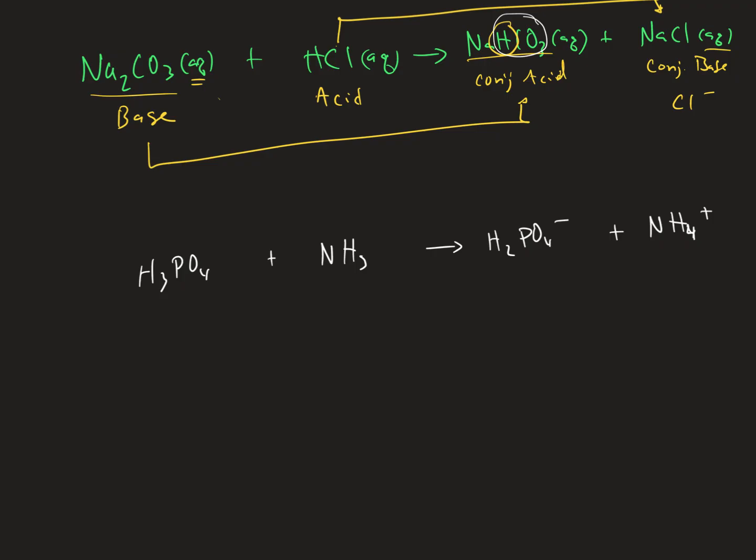So here, out of these two, this one cannot be a base. Right, so that was the acid. This one cannot be an acid, so that has to be a base. Well, hold on, it has hydrogens in there, but what doesn't it have? An extra hydrogen ion. This is a covalent compound.